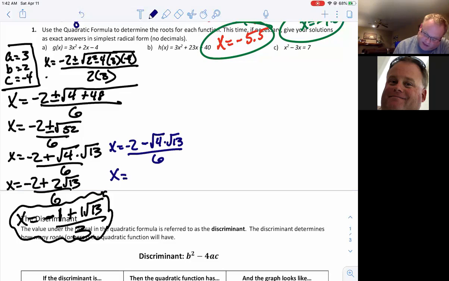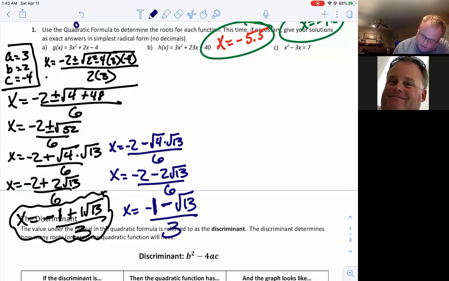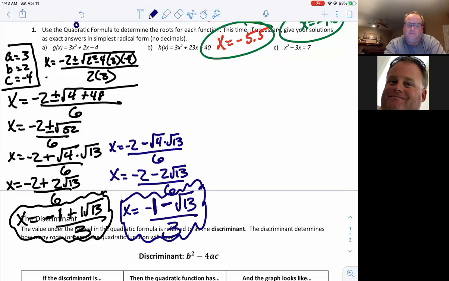So this becomes x equals negative 2 minus 2 square root of 13 all over 6. And that can be reduced down to negative 1 minus the square root of 13 over 3. And this is my other solution right there. Okay, so those are my two solutions.